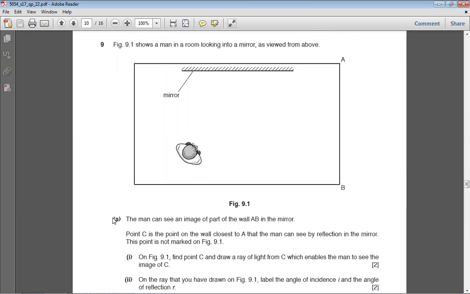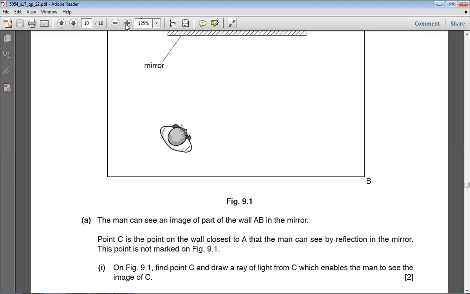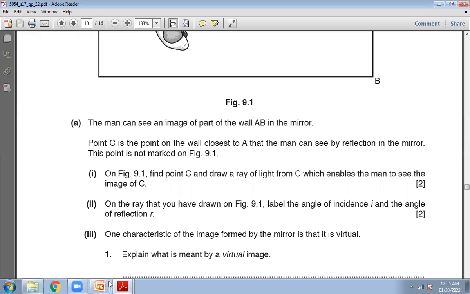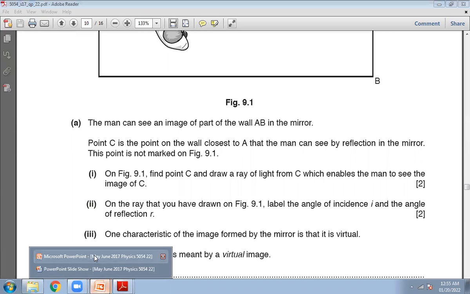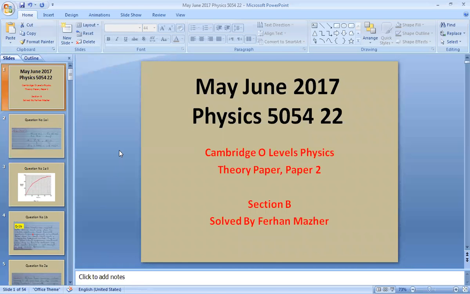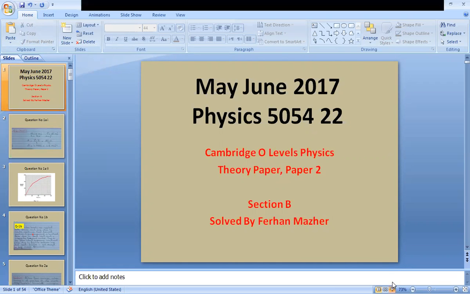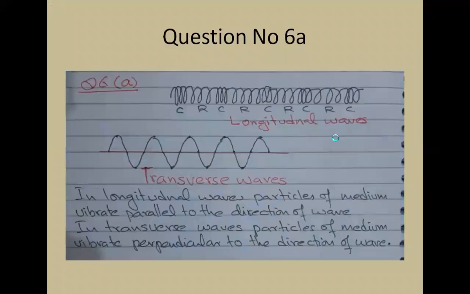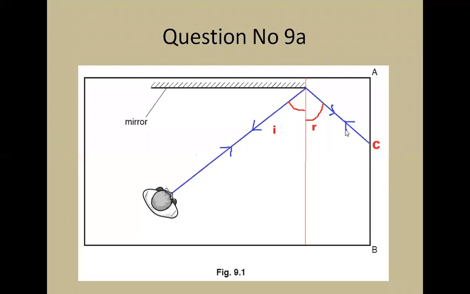So question number 9A, first and second part. Let me increase the size so you can see the whole question on the screen. Let me show you how this is done. May June 2017, section B, question number 9.